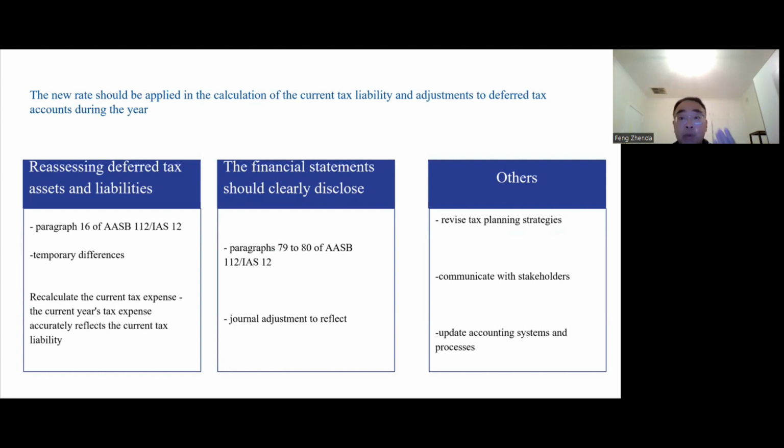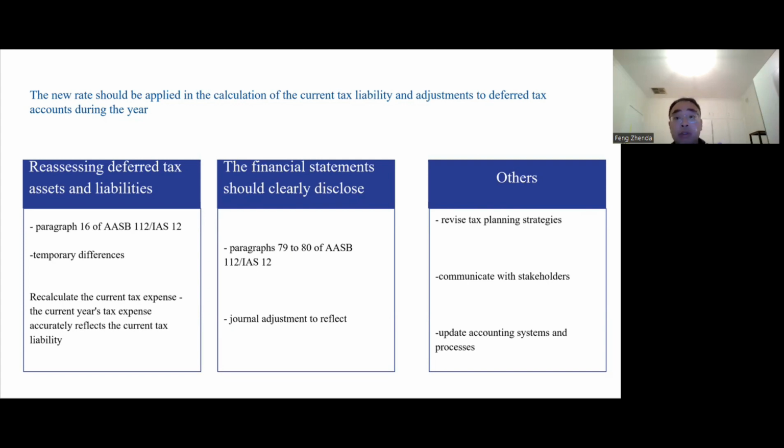This is due to temporary differences between the tax base of assets and liabilities and their carrying amounts in the financial statements. When tax rates change, the value of this deferred tax will also change because they are measured using the tax rates that are expected to apply when the temporary differences reverse.